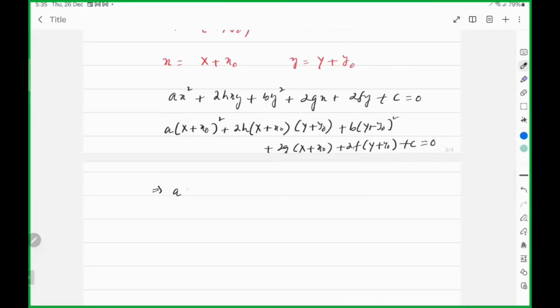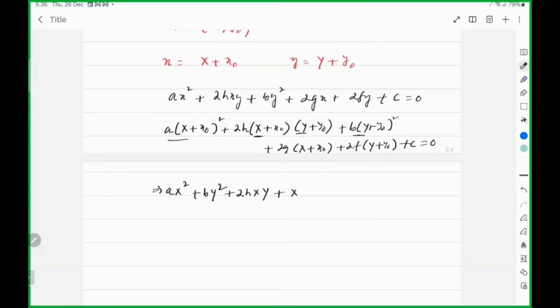Here it is a into, so rearranging the terms, x square coefficient a. Here you don't find any other x square, so let me write aX square plus bY square plus 2hXY.